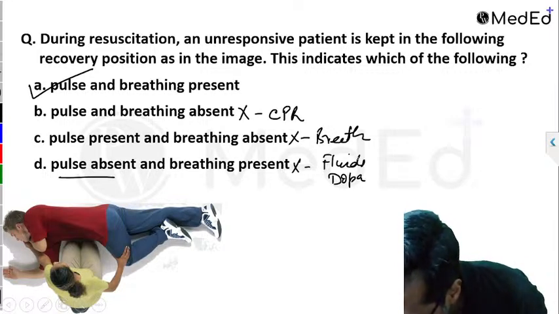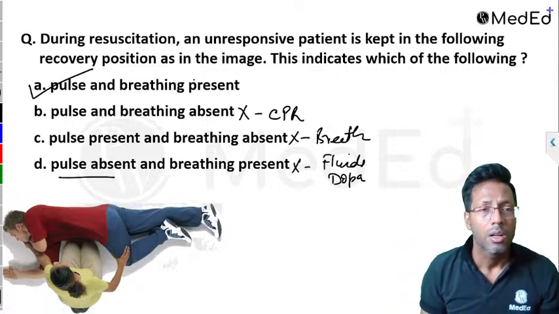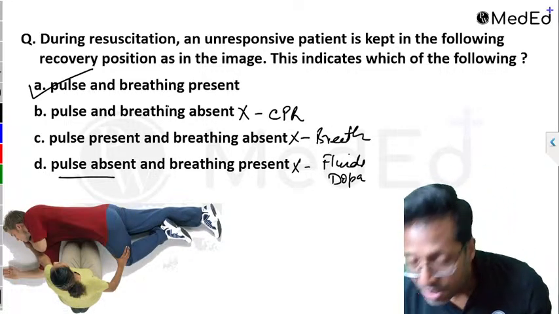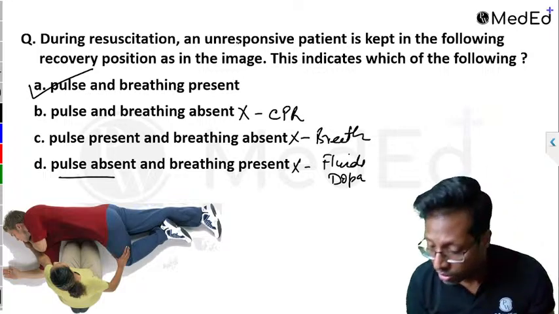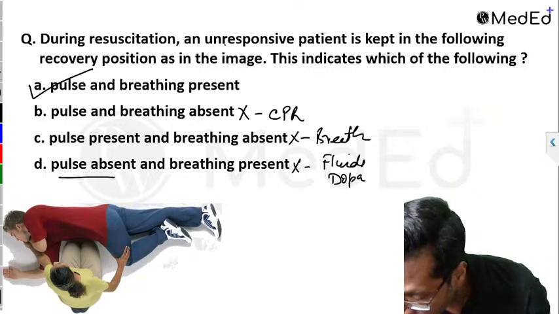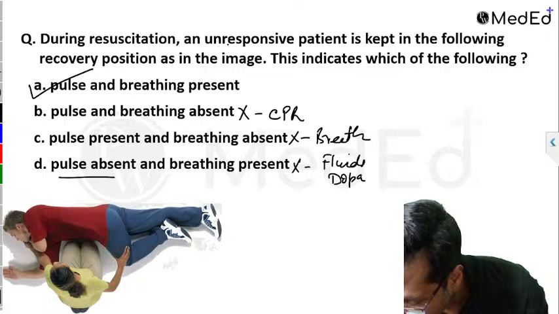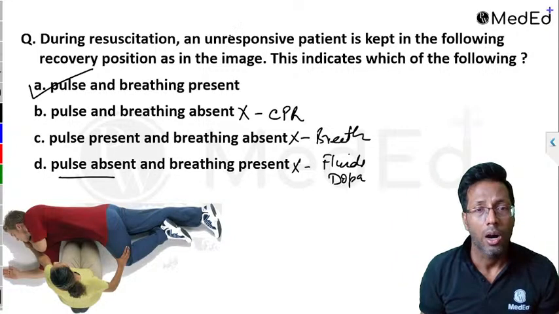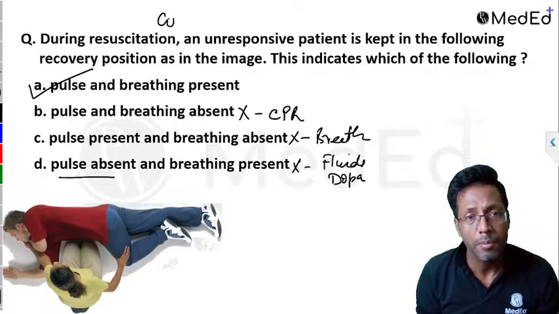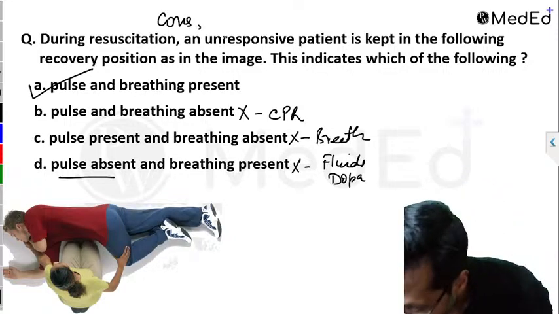Dr. SJ says these two options were there: conscious, pulse, breathing present. Correct. If the patient is conscious, why will the patient be unresponsive? Dr. SJ says one was conscious and the other was unconscious.